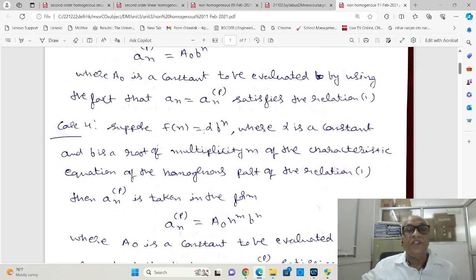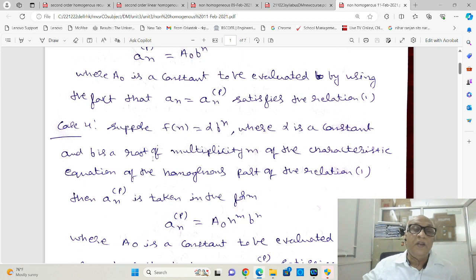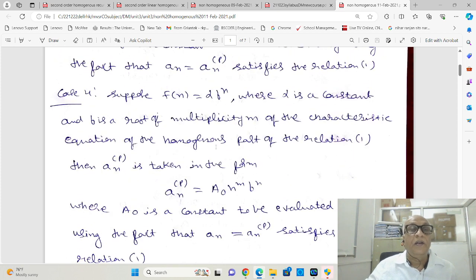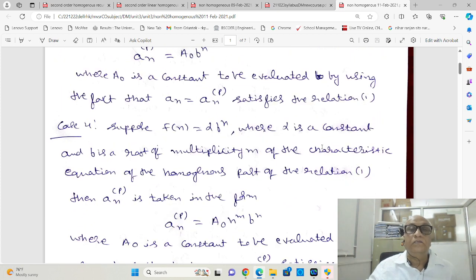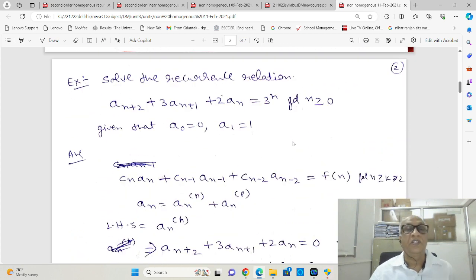The next case is the function Fn of the form alpha b to the power of n, where b is a root of multiplicity m. The solution for that was a0 n to the power of m b to the power of n. And here we'll take directly one example and try to understand.